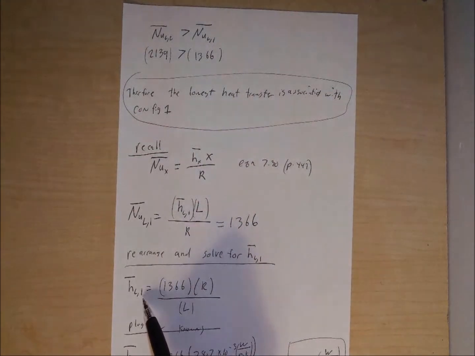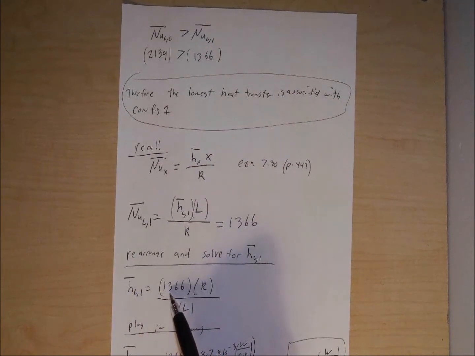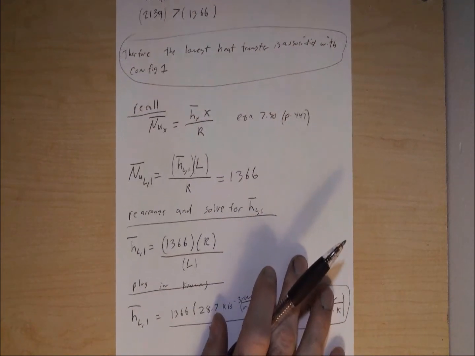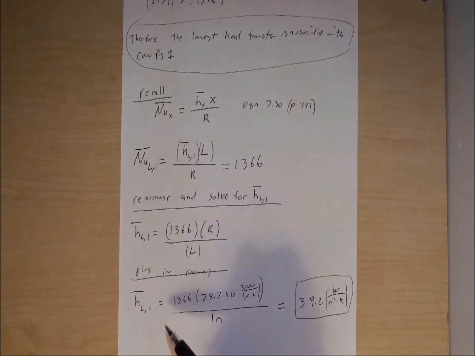We rearrange, and this ends up being that 1366 times k over L will give us that value. We can plug in our knowns at this point. We know our k value from our lookup table and we know our L value from the problem statement.